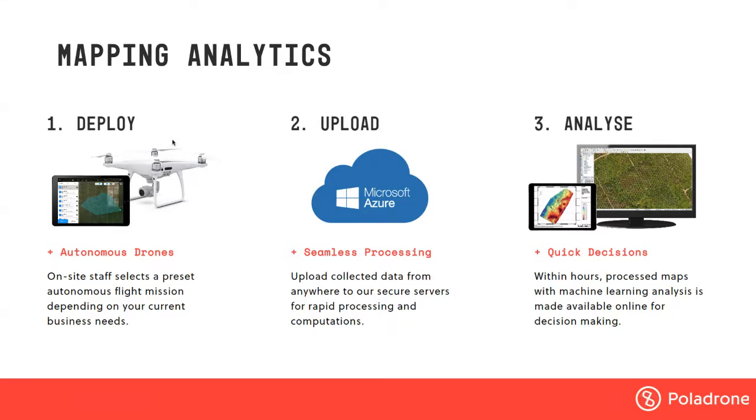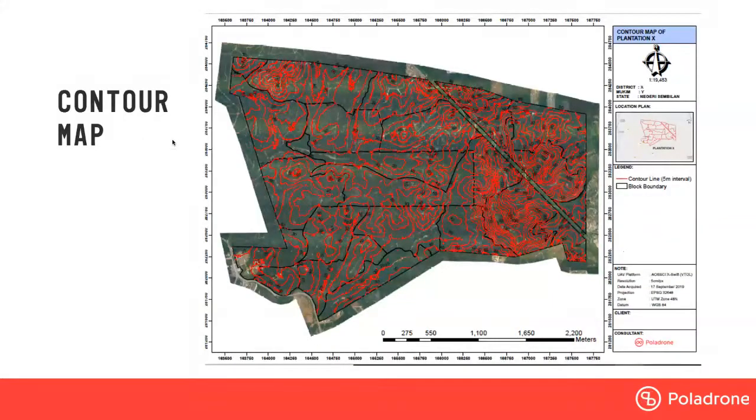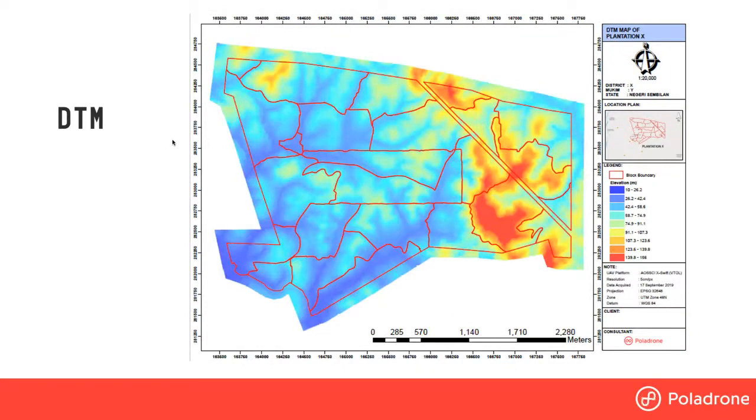In the next slide, I'm going to show a contour map. The contour map shows the contours of the plantations, basically the different heights. Then we continue with the DTM, the digital terrain model. By different colors, it shows different heights of the land.